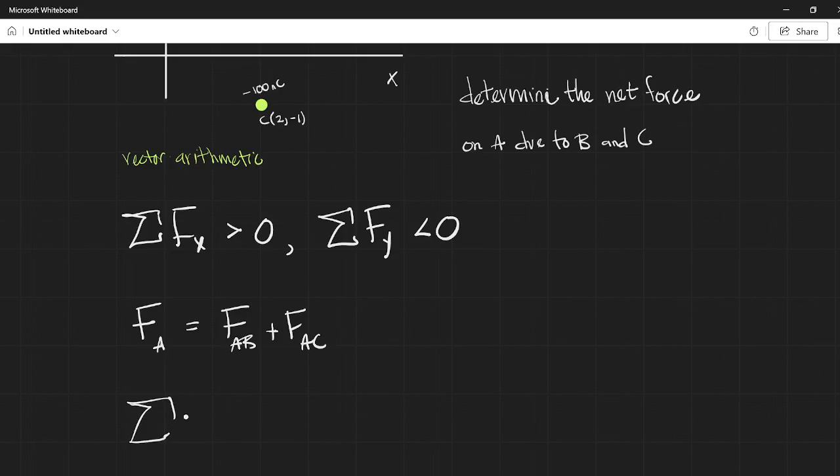So we'll say the net force on A, and I'm going to plug in our electric force equation, right? So we have K times QA, QB divided by, what's the position vector, right?